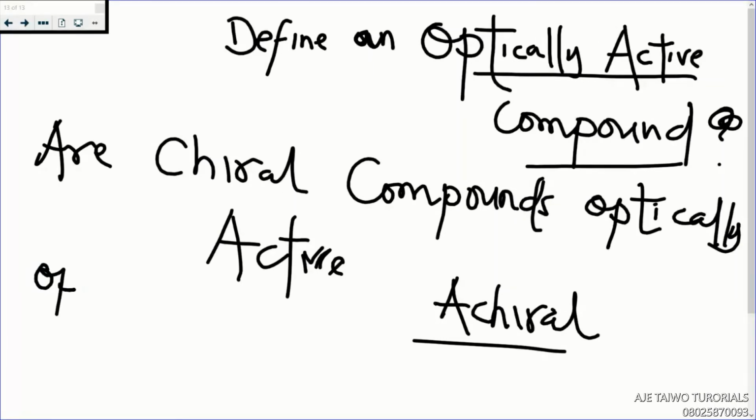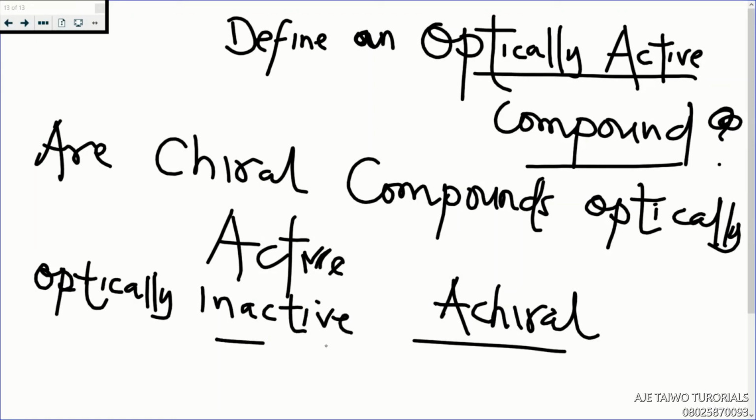Achiral compounds are optically inactive. Why? Because they are achiral. Why are they achiral? They have no carbon atom that has 4 different groups surrounding it. Why are they optically inactive? They cannot rotate the plane of polarized light.